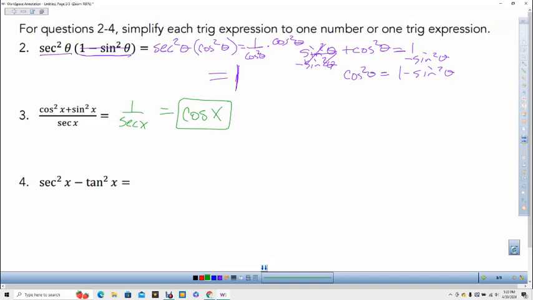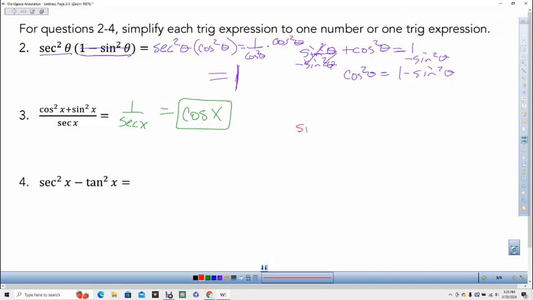All right, and number 4, secant squared x minus tangent squared x. Well, that makes my spidey sense go off just a little bit. So what exactly am I looking at? Well, I'm looking at probably one of those trig identities, the Pythagorean identities, rewritten. So I need secant and tangent.